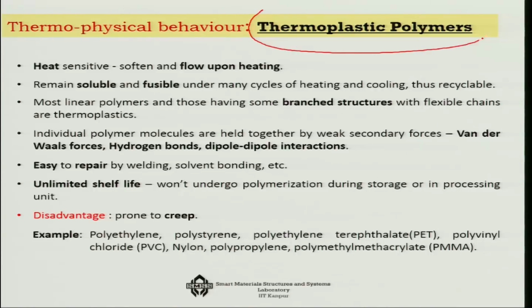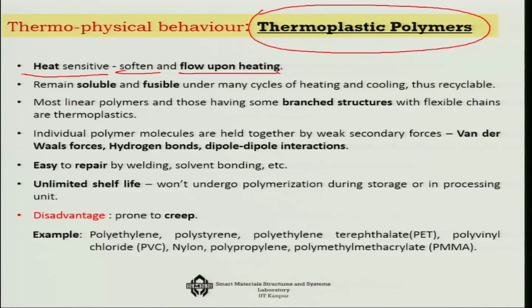If you find the polymer to be linear or branched, then there is a high degree of probability that it is a thermoplastic polymer. On the other hand, if it is cross-linked or networked, then it is more likely a thermoset polymer. Now, thermoplastic polymers, because of their nature that they are linear or at most branched, are heat sensitive; they soften and flow upon heating.